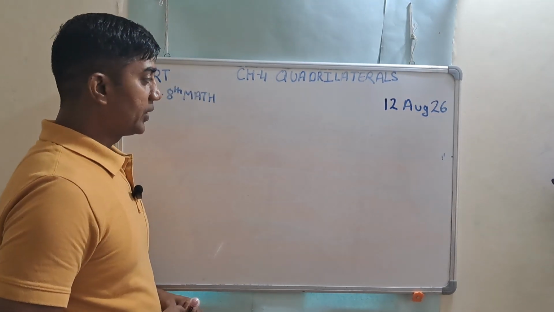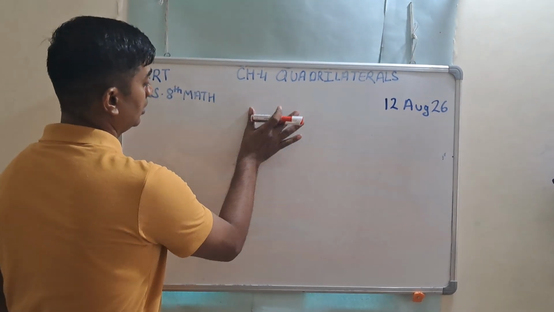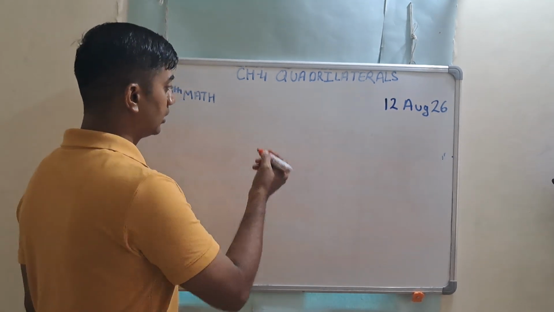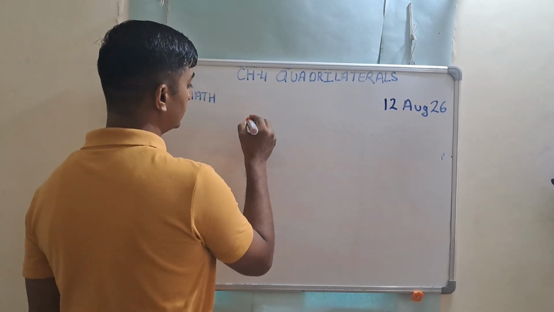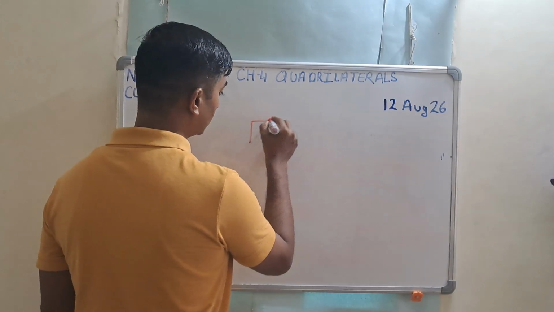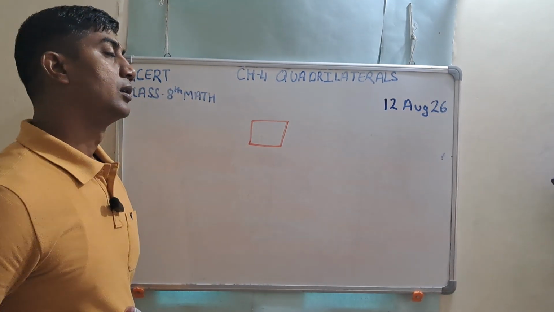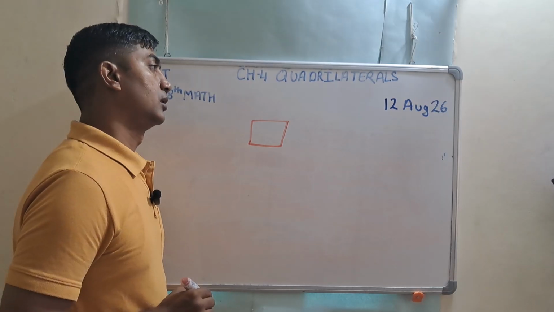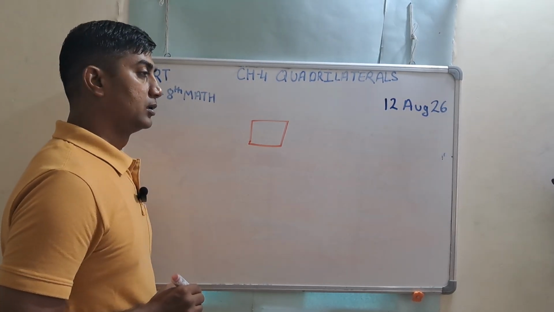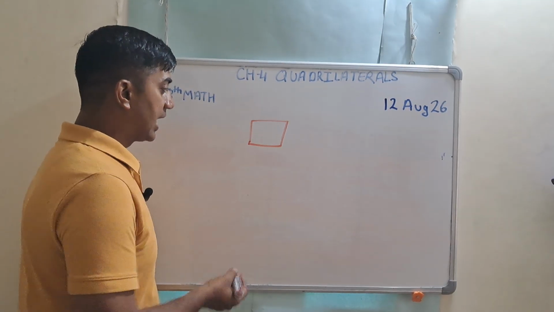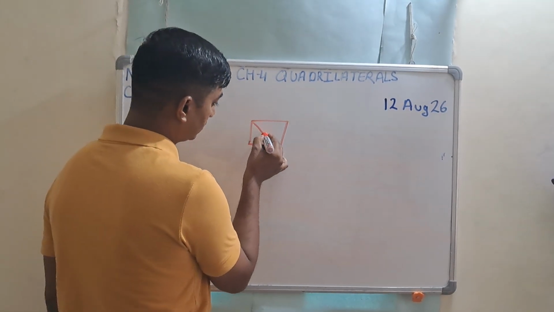Now see, the next topic is that we have seen the special case of rectangle. The special case of a rectangle is a square. Now we will see about the diagonals of the square.